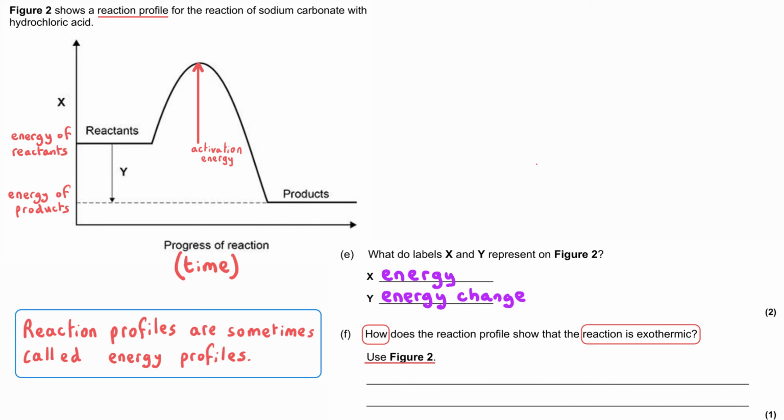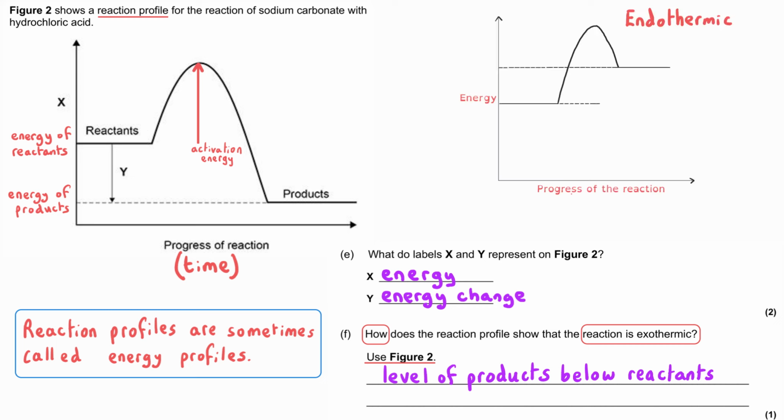So there's two ways that we could answer that. We could first of all say that the energy level of the products is below that of the reactants, and that allows us to tell at a glance that this is exothermic. For endothermic, the products would be higher than the reactants. Alternatively, we could say that the energy of the chemicals is decreasing, and that is distinctive of an exothermic reaction.